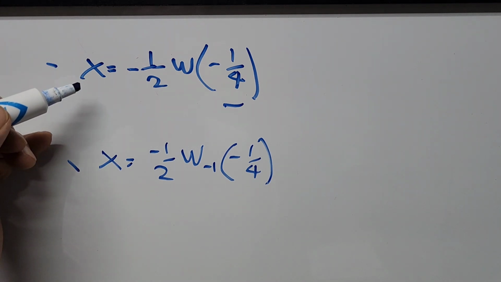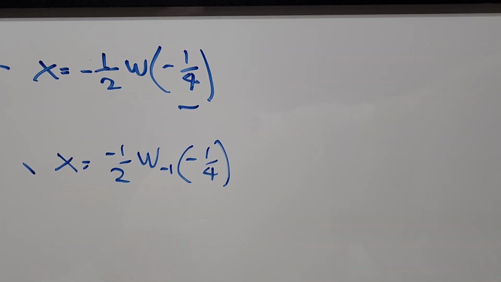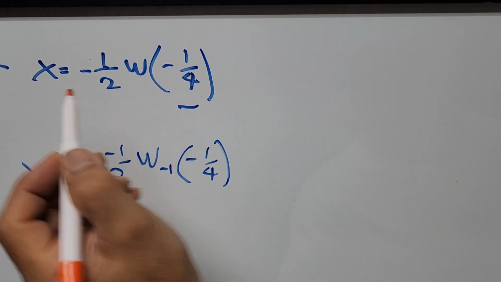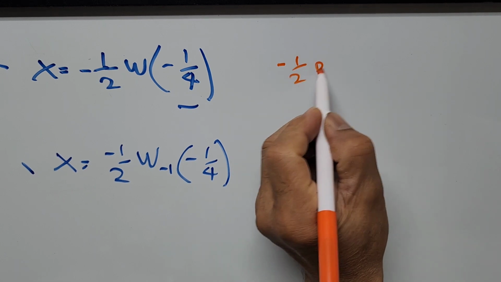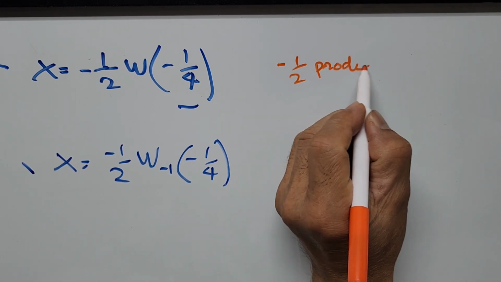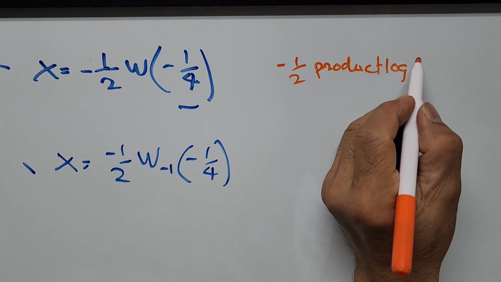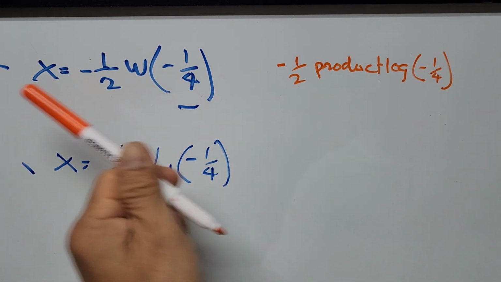For this value of x, by using the Wolfram Alpha app, all you have to do is enter, since it's negative, negative 1/2 product log of negative 1/4. That's for this value of x.